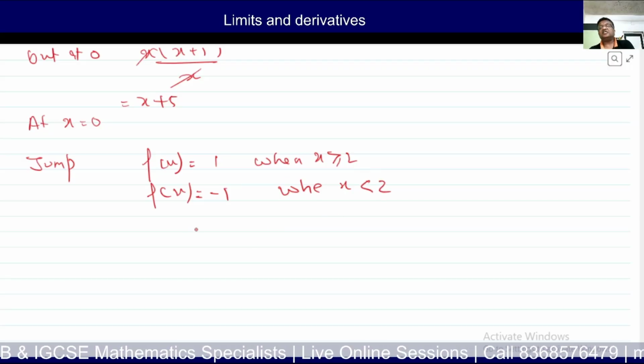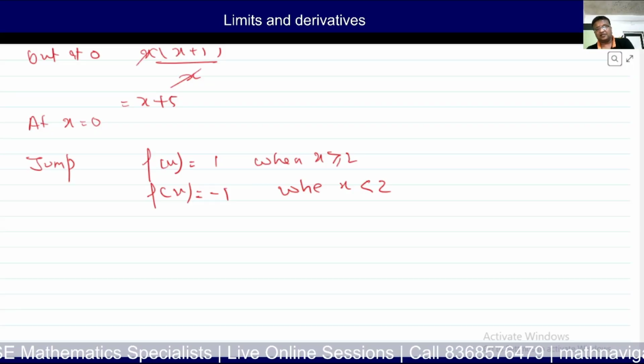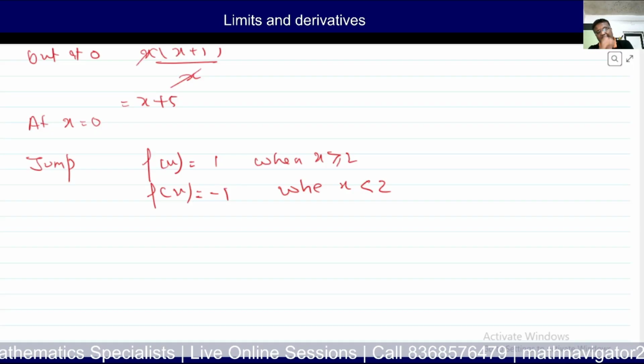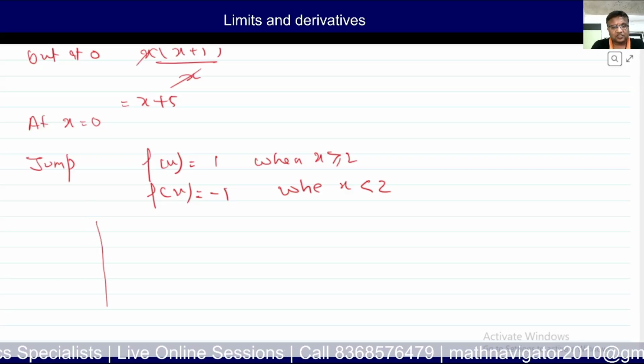Basically these are called piecewise functions. Piecewise function means up to a certain domain they behave in some manner, and after that domain they behave in a different manner. So if I plot the graph, it will look something like this.